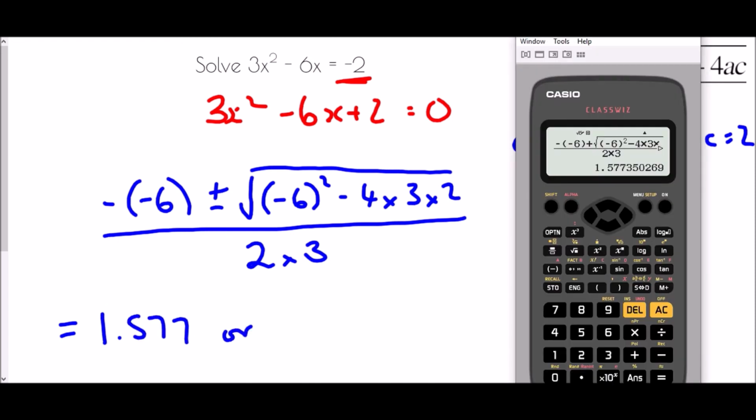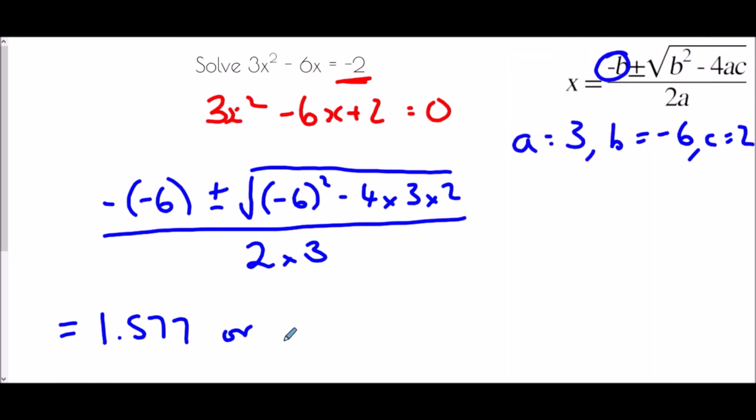Or if we just go back and make it a subtraction instead, so just going back in the calculation until the point where it says subtract, we would then get 3 take away root 3 over 3, which is 0.423. And that is our value of x.